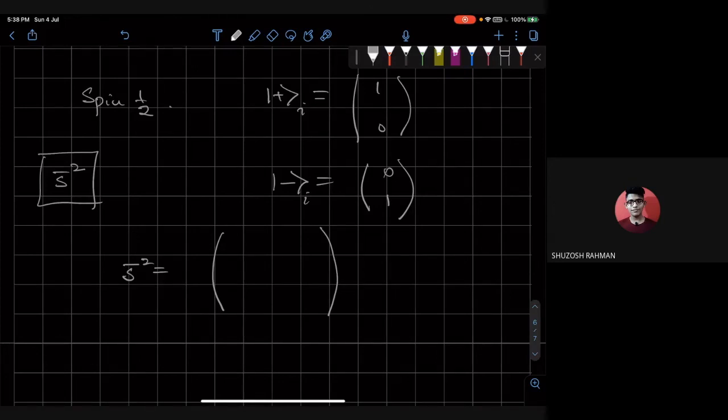It's 3 halves, right? So 3 halves times half. It's 3/4. Okay. So 3/4, where should I put the 3/4? Diagonal.